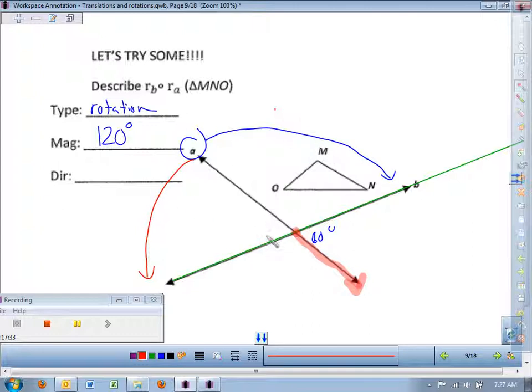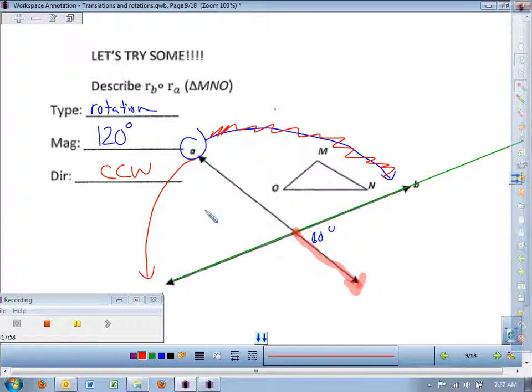Well, this is the non-obtuse angle, right? It's not obtuse, so that means this one right here is wrong. That's the wrong way. This is the correct way. Don't make this arrow keep going further and further around. Just draw it to that line and stop. And is this arrow going clockwise or counterclockwise? That's going counterclockwise. So that's the direction of this thing.